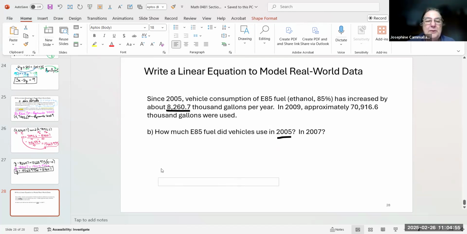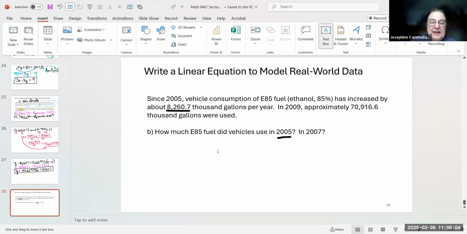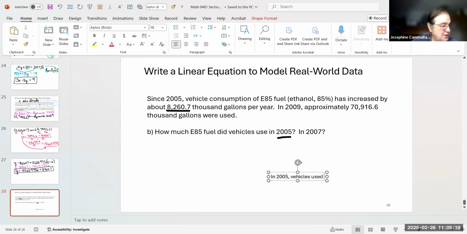Yeah, let's move it over here. In 2005, vehicles used 8,260.7 thousands gallons.